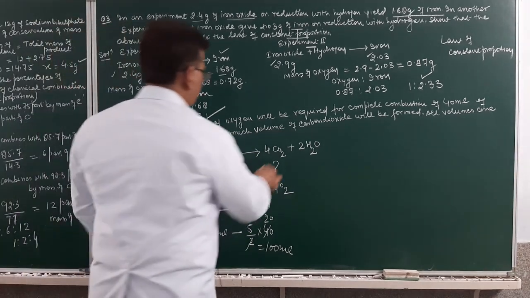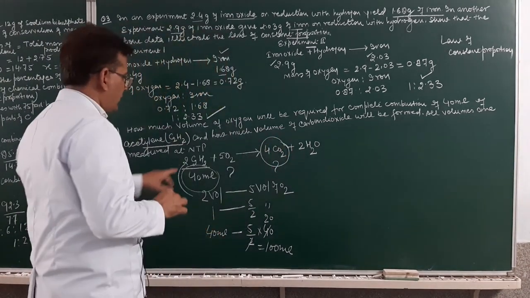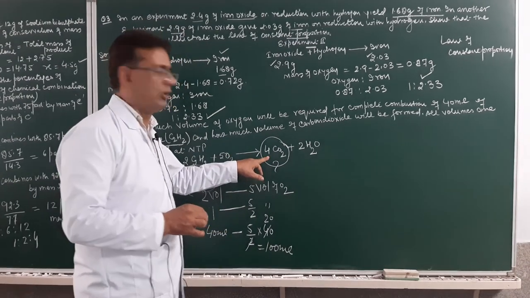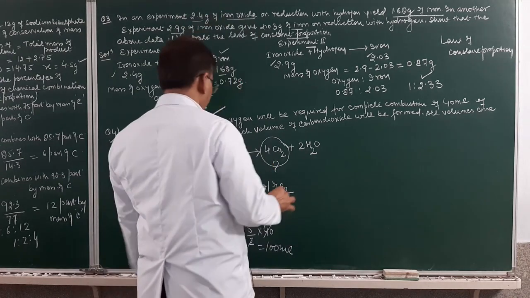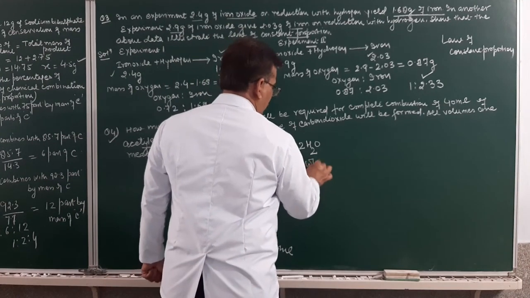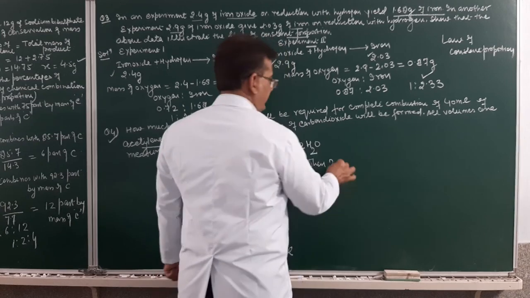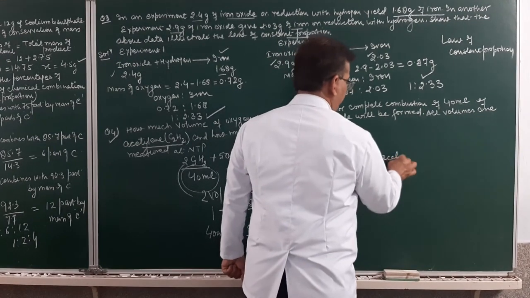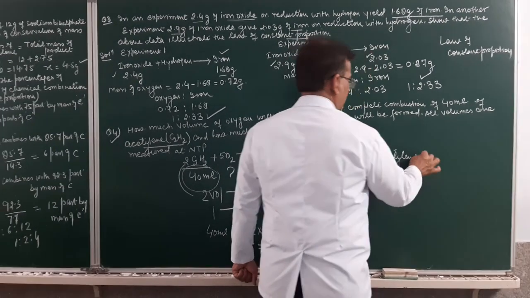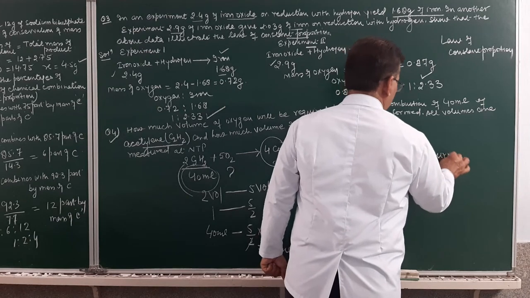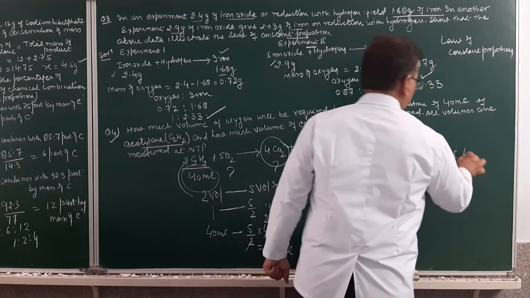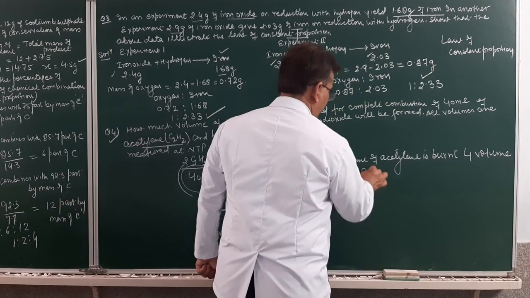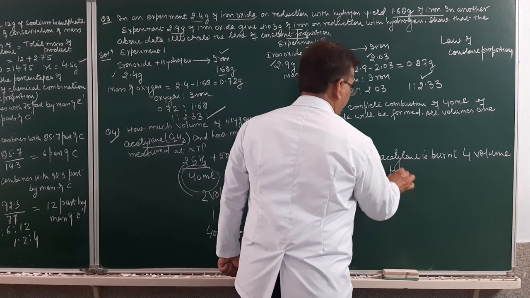Now, second, what volume of carbon dioxide is produced? If 2 volumes of acetylene is burned, what volume of carbon dioxide is produced? 4 volumes. Volume relationship, the class 10 problem. So when 2 volumes of acetylene is burnt, 4 volumes of carbon dioxide is produced.